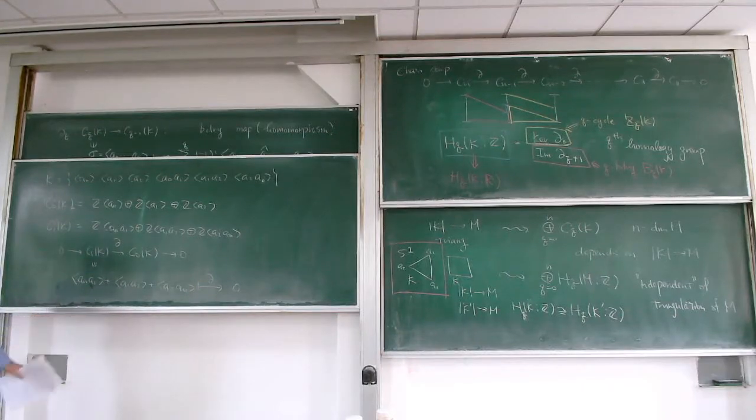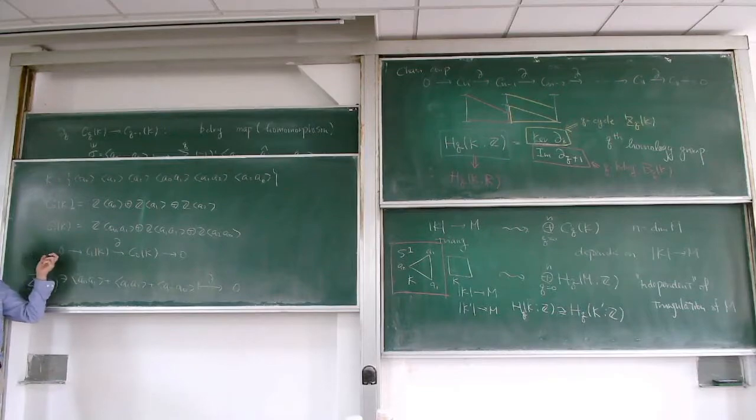Therefore this element is a one-cycle, inside Z1(K). However, there is no image from 0 to here. Therefore, this is indeed the homological element of K, or S1.